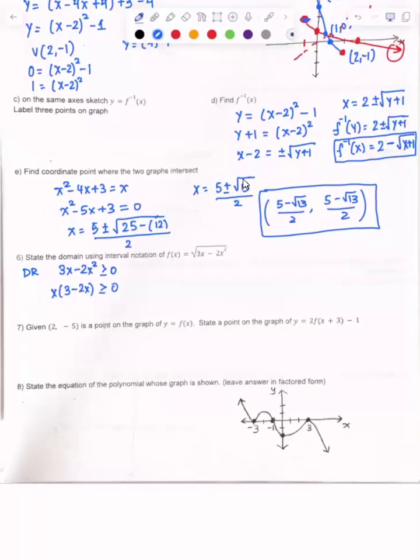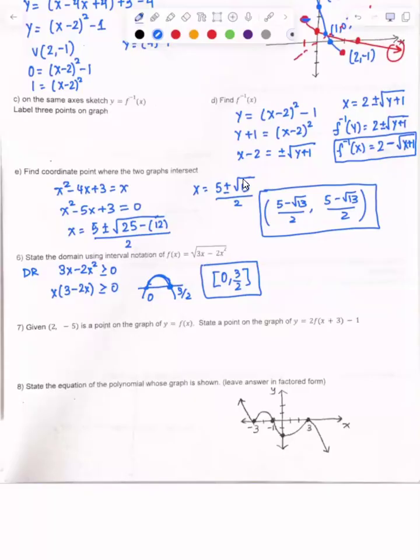Now, 3x minus 2x squared is a sad parabola because it's minus 2x squared, so it's facing down. The zeros would be x equal to 3 halves and x equal to 0. We want, where is this guy positive? That is here, between 0, including, because we are allowed to be 0, and 3 halves. That's it.